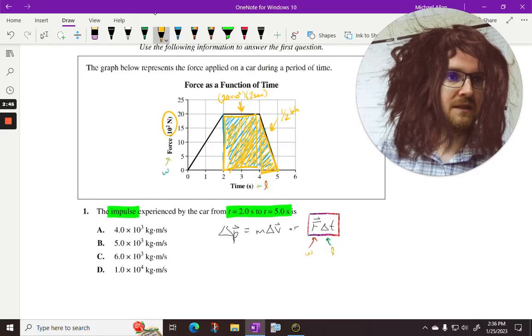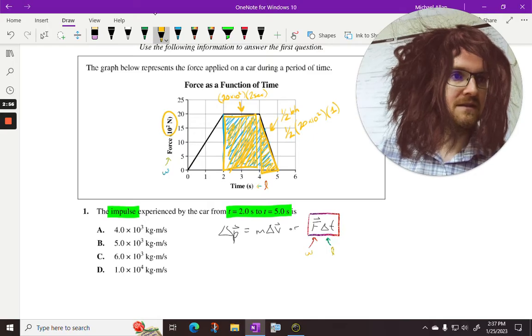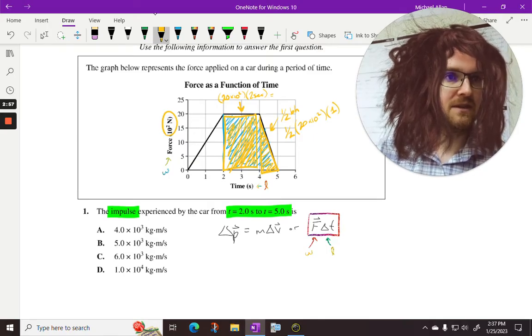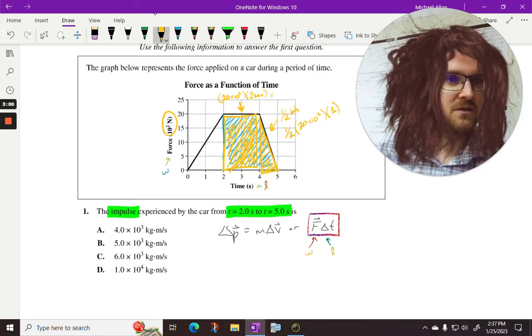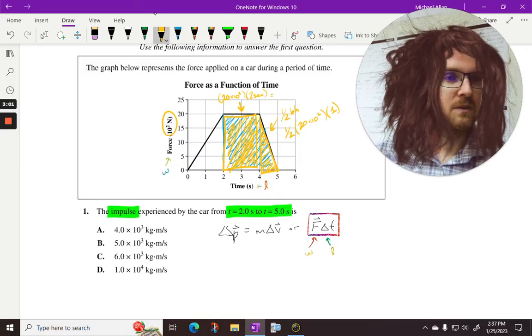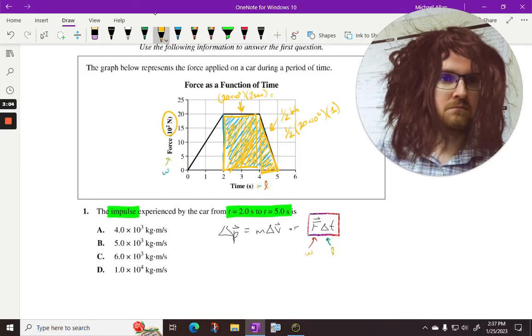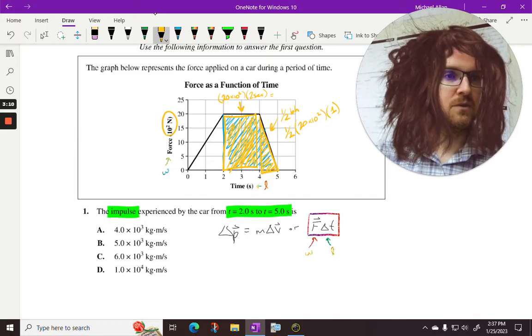So I have 1/2 the 20 again, that's our height, times the 1 second. So the first one, 2 times that would be 400. I think that's all. It seems too pretty. So not 400, this is 2,000, so it'd be 4,000.